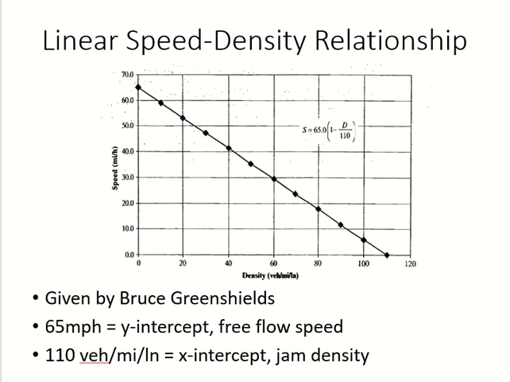And what is my C? Minus 65 over 110. What is this? It's a ratio, the slope. C is supposed to be the slope. Slope means y upon x, right?